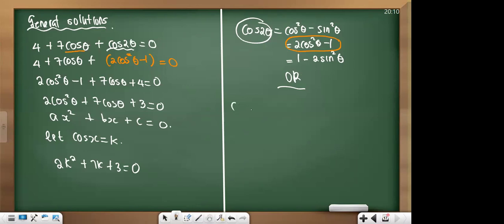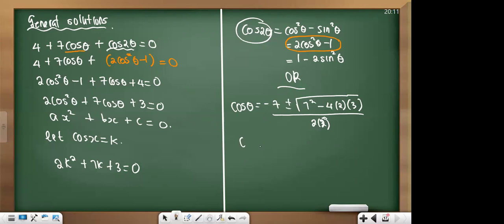So cos theta will be negative 7 plus or minus, what is b? 7 squared minus 4 times 2 times 3, all divided by 2 times 2.